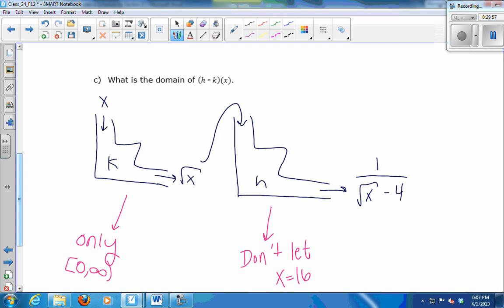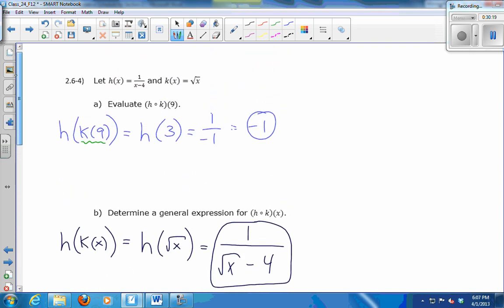16 into my succession of machines, right, I put a 16 into K, out comes 4. Okay so far, right? It didn't jam the K machine, but if I try to take that 4 and put it into H, did I write down the function right?